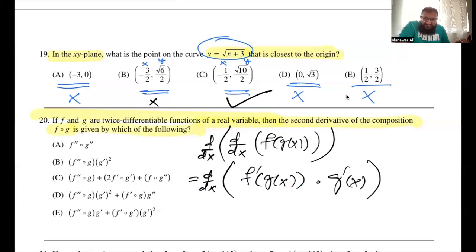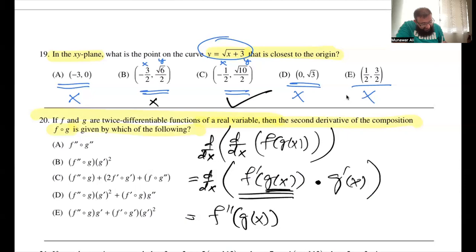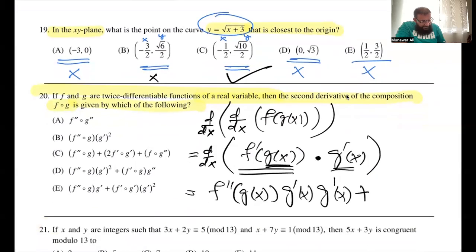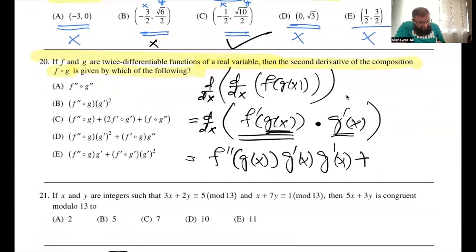This is the first derivative. For the second derivative, since this is a product, I have to use the product rule. So I have to differentiate this function again. So this becomes f double prime evaluated at g of x, times the interior function's derivative g prime, and this g prime stays the same. Plus I have to write f prime of g of x, the same.